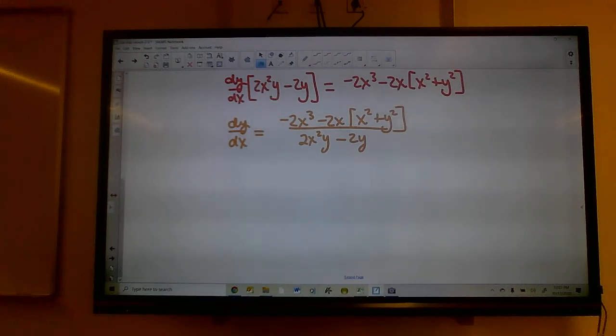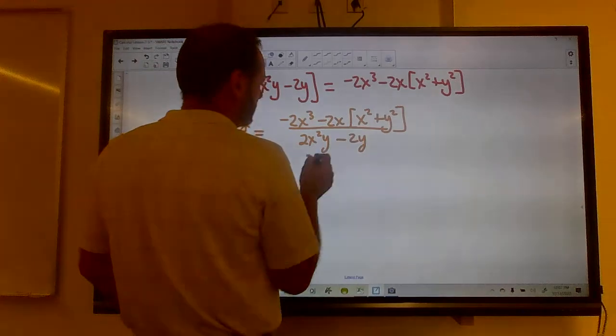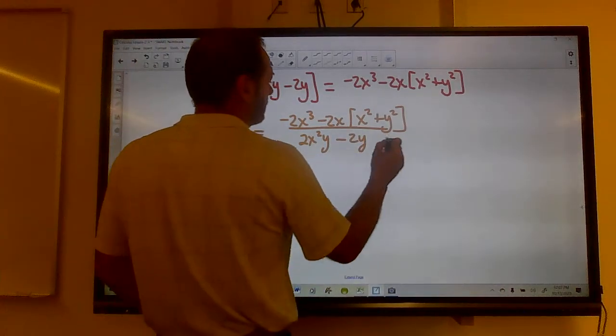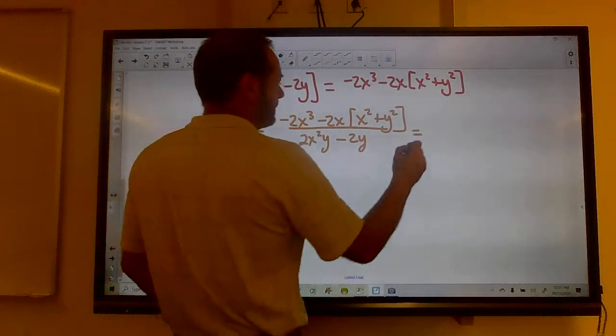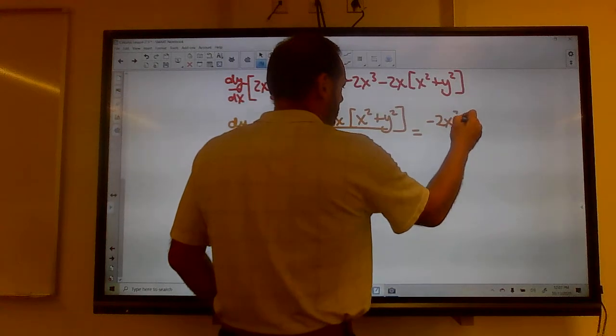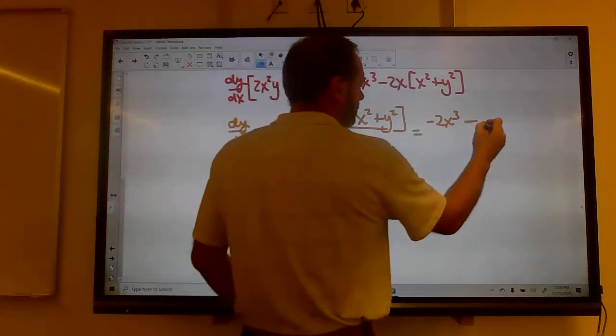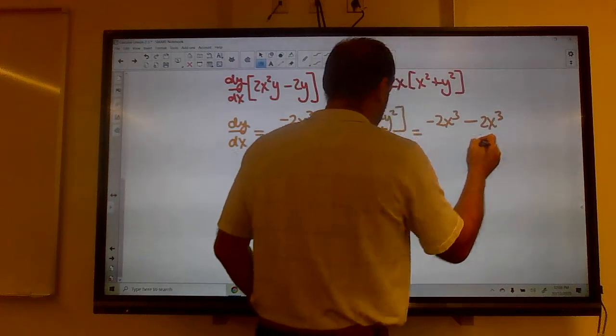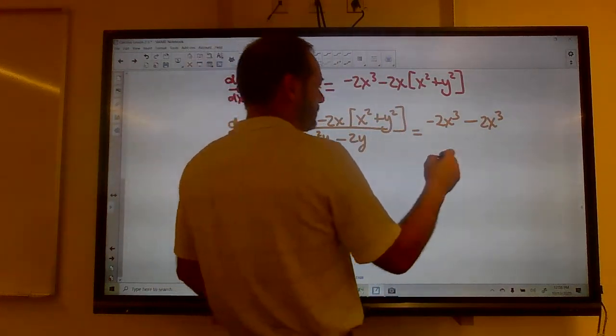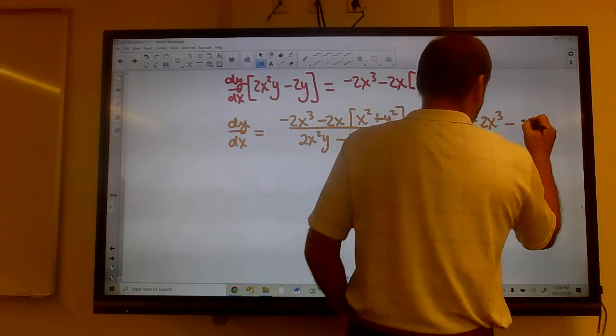Okay. Actually, if I distribute this in here, I can simplify this a bit. So let's do that. This is going to be negative 2x cubed, this is going to be negative 2x cubed here, and minus 2xy squared.